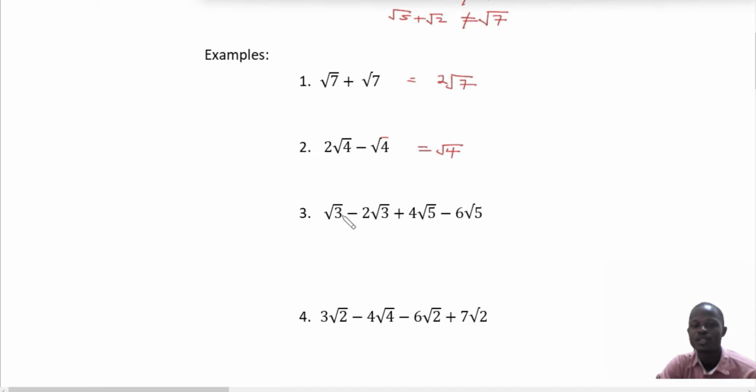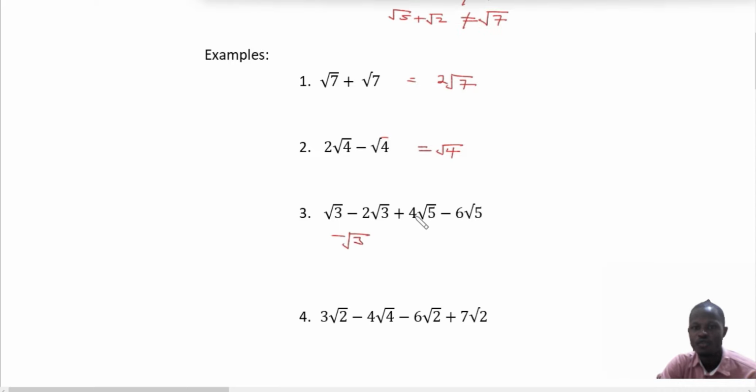We add or subtract the ones with the same root. So we have root 3 minus 2 root 3. You can subtract these because they have the same root. This is 1 minus 2, which is minus 1. So this is simply minus root 3.